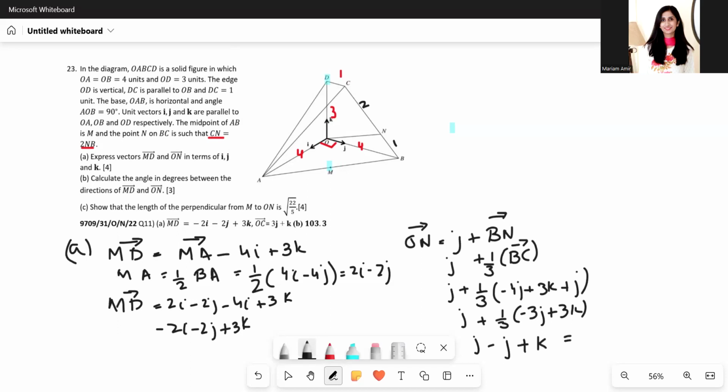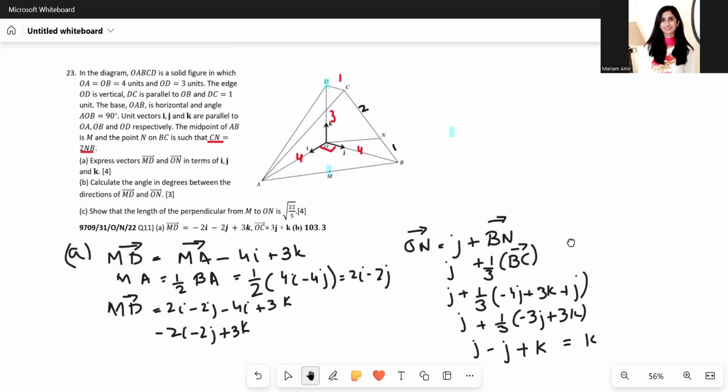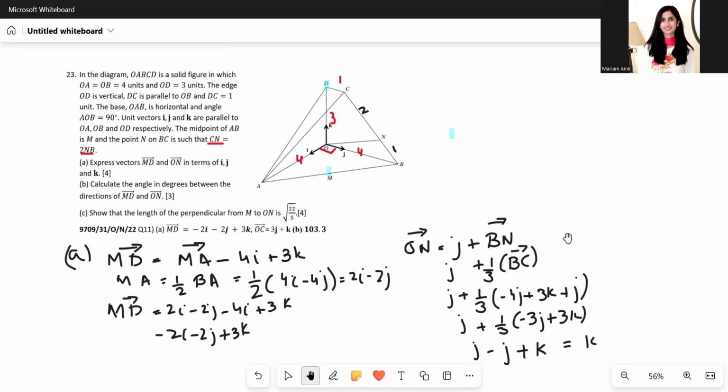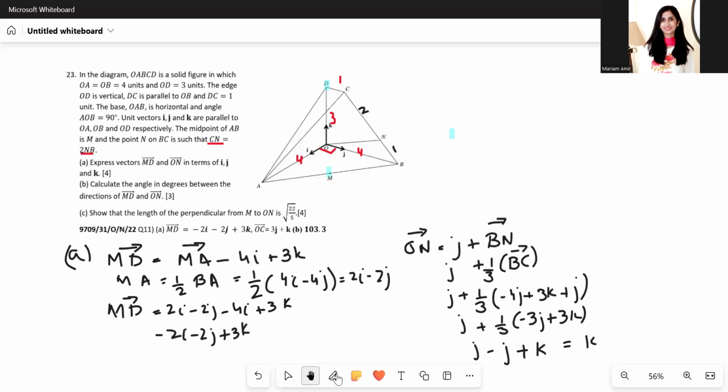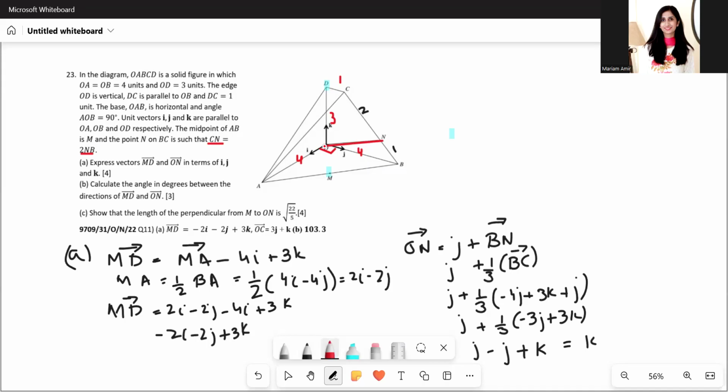I have a very strong feeling something has gone wrong here. What was supposed to be the answer? The answer should have been 3j plus k. So what did I miss? Let me just quickly give this another look. All right, I've noticed the big blunder, which was that to go from O to N, we first went in the 4j direction.